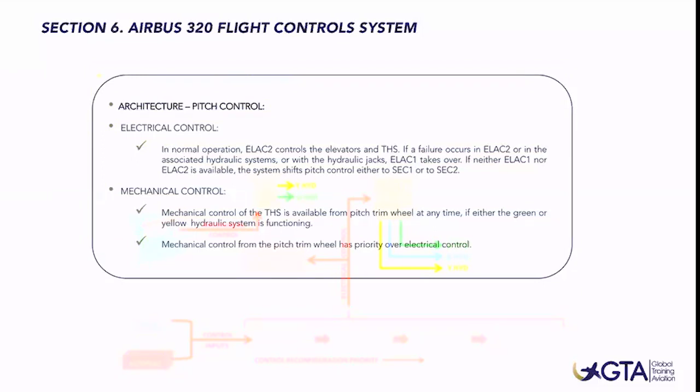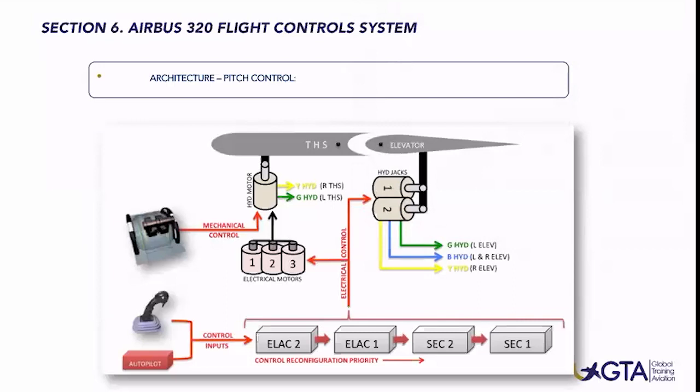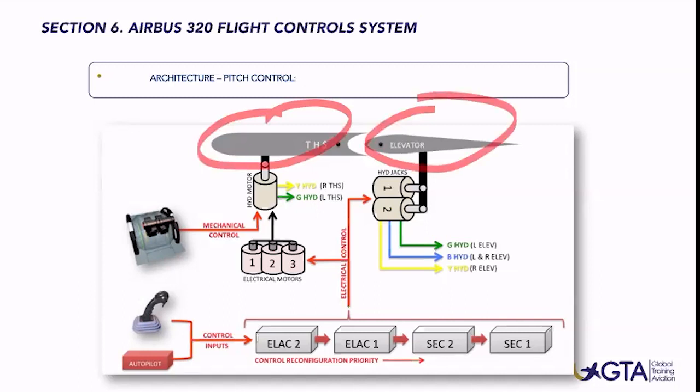Well, this graph is quite schematic. It's quite good, and basically what it is saying is that in order to move the THS and the elevator, as I discussed, we have 3 electric motors which control the hydraulic motors for moving the THS, and basically the main computer is the ELAC2.